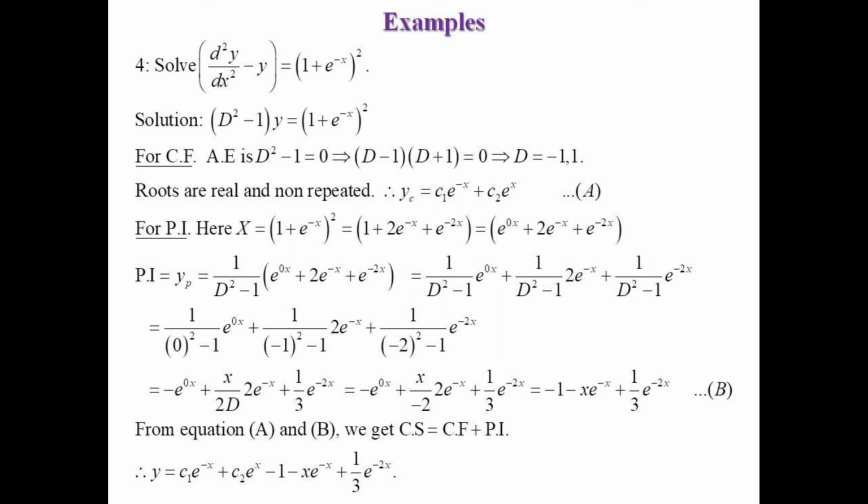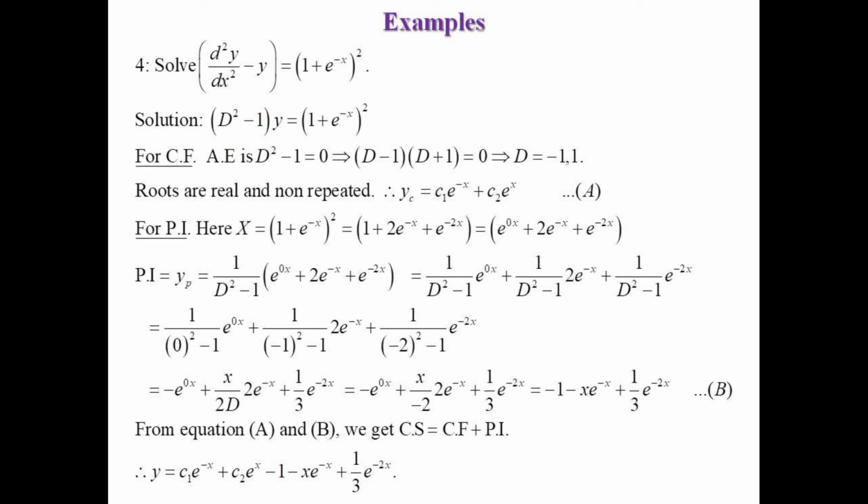If we write the formula for the particular integral, it is 1 upon f of D, where f of D is D square minus 1, into capital X, which is e raised to 0x plus 2 e raised to minus x plus e raised to minus 2x. On the right hand side there are three terms, so let's split these into three parts.